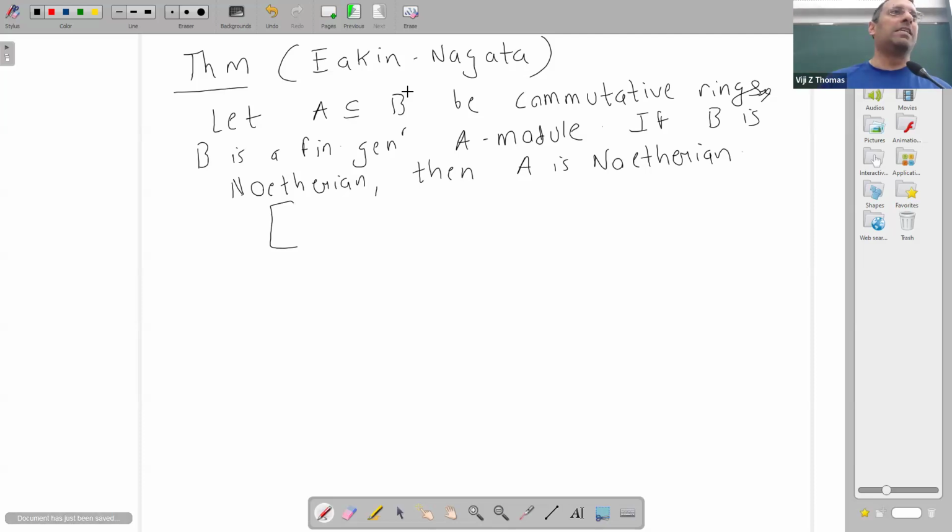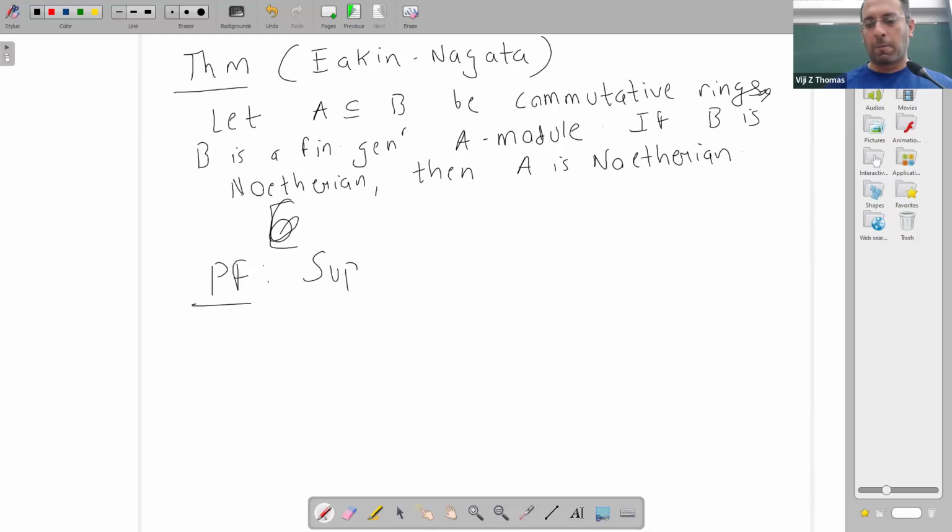The converse of that trivial exercise is the Eakin-Nagata theorem, and that requires a little bit of proof. So suppose B is a finitely generated A module.